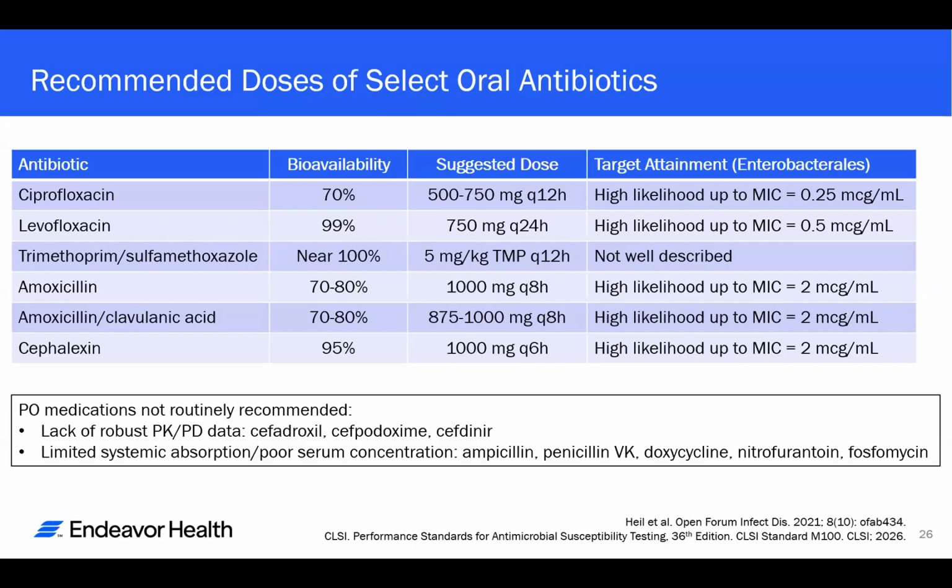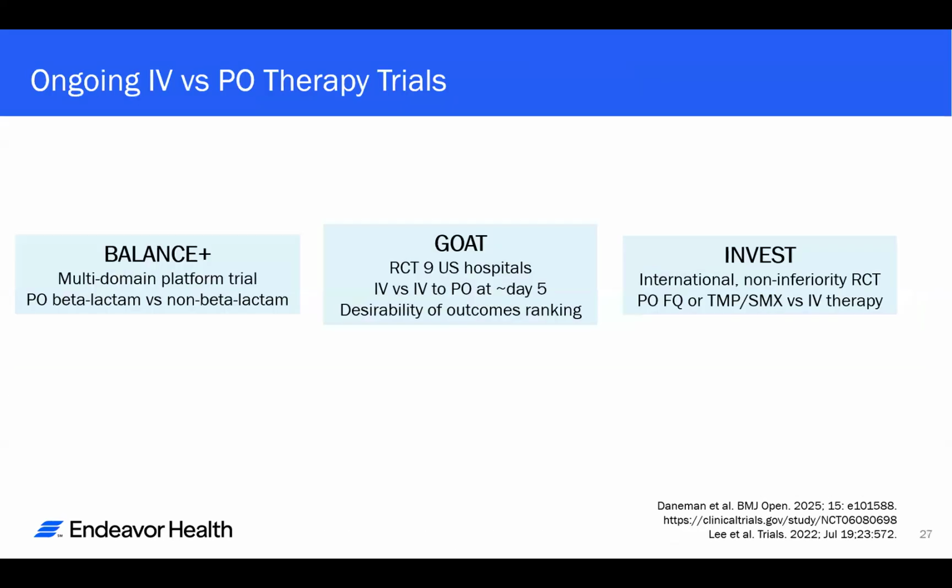I think the jury is still out on cefpodoxime, and many trials included it, use it. We've used it on a good number of patients. So there's not robust PK/PD data, but I think that with high doses, potentially, still an option, but I think the jury's still out on that. And then there's several that are here that really just do not get good systemic absorption that we should avoid.